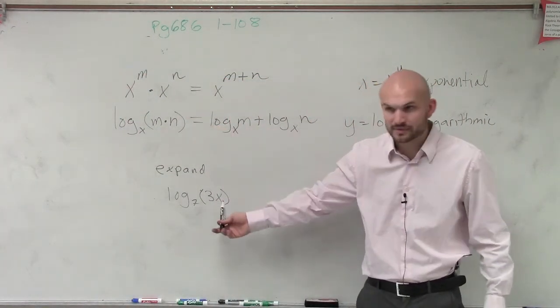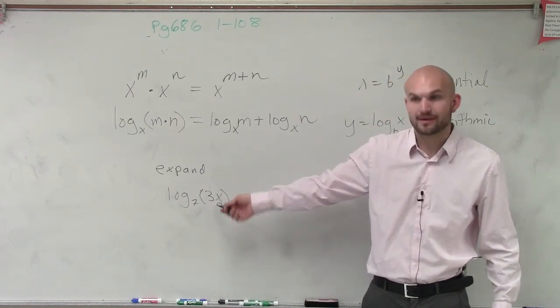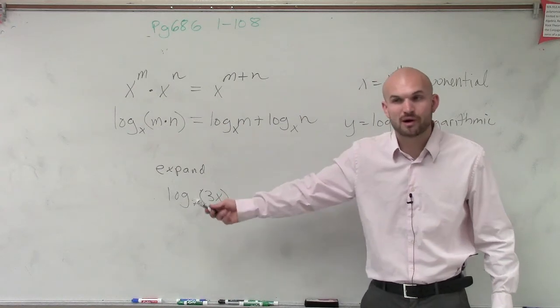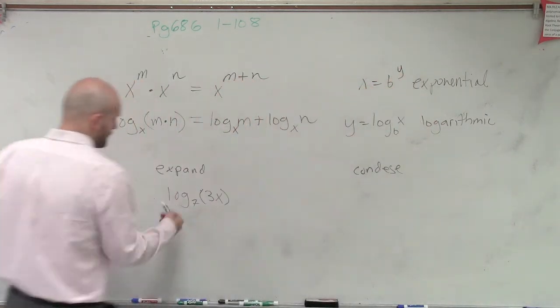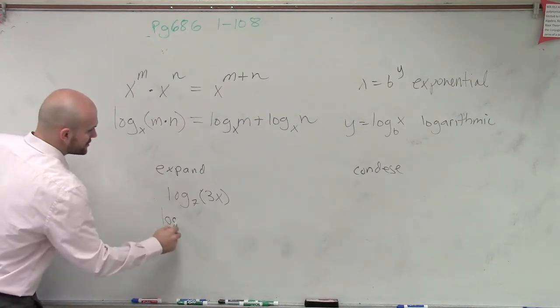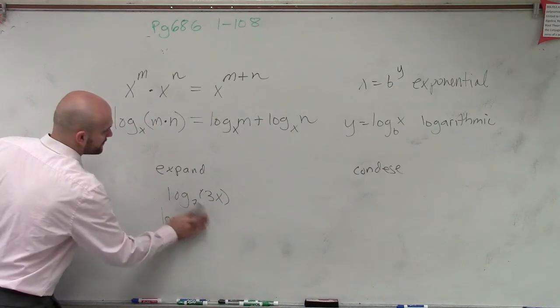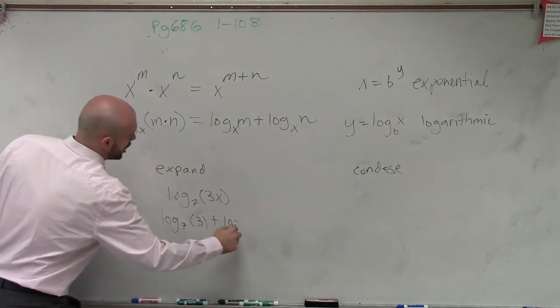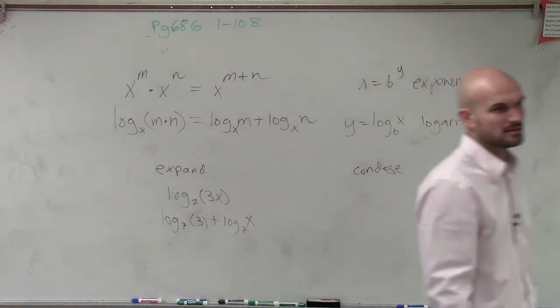Am I multiplying the 3 and the x? Yes, I'm multiplying them, because there's no operation, so when we have a number and a variable, we're multiplying. Right, you got it. So I can expand this to log base 7 of 3 plus log base 7 of x. Does everybody see how I can do that?